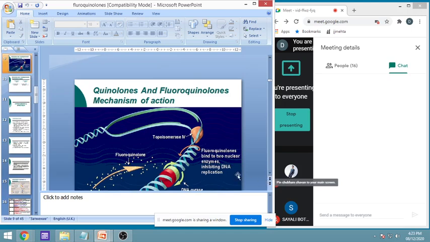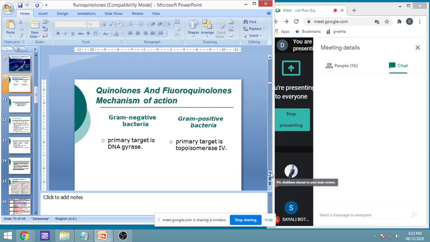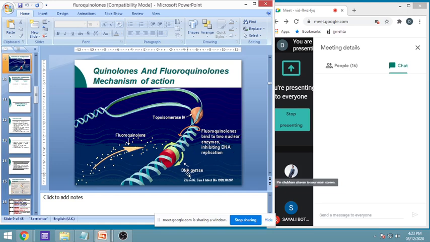So these are the drugs which are acting. There is a schematic representation. See, this is how histone molecules are there, around which the winding is taking place.